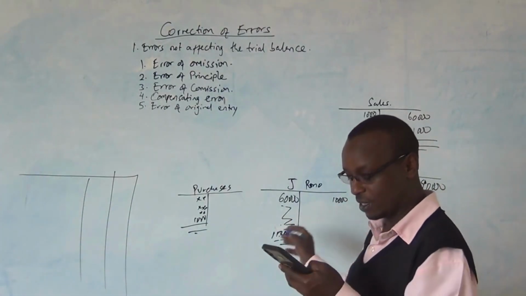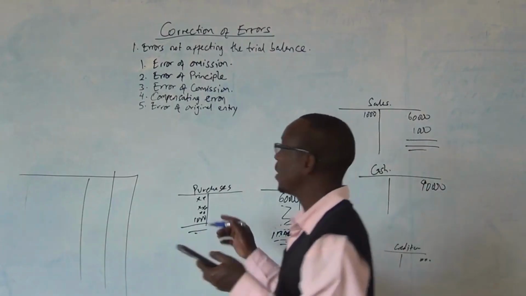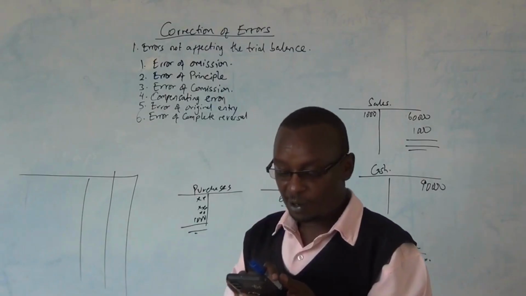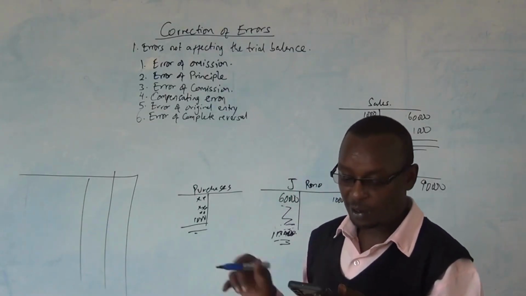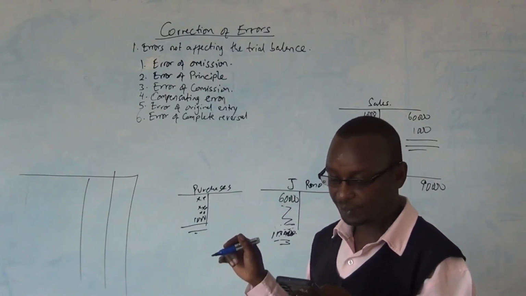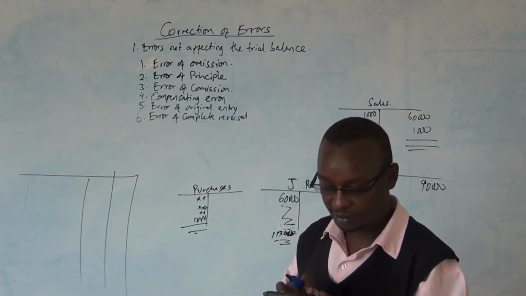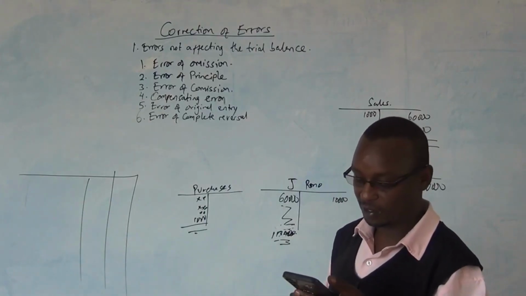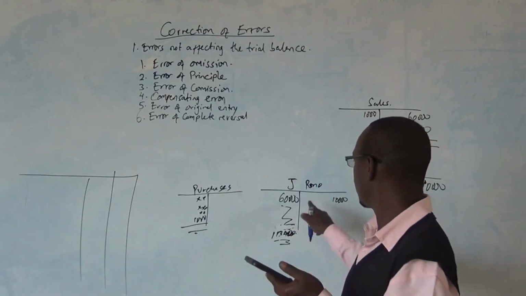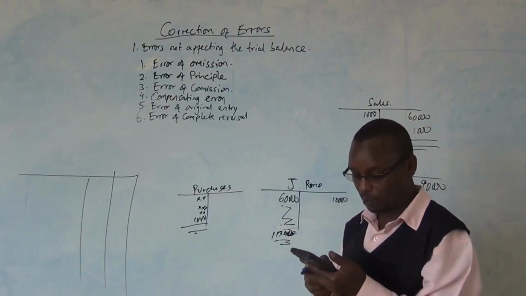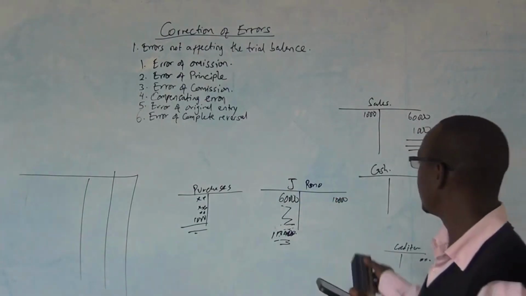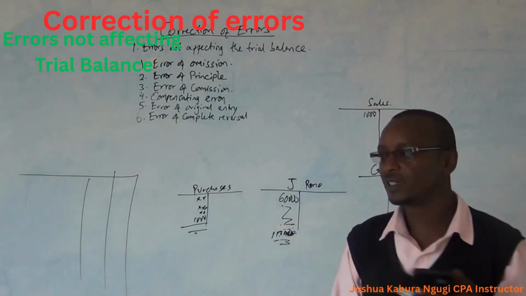Now corrected. Then we have an error of complete reversal. This error occurs when the correct amount is posted in the correct account but on the wrong side of the account. So these goods that were sold to Rono, instead of debiting his account, they credit.